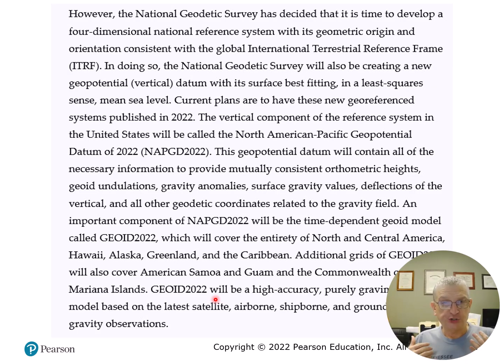And geodesists, which are way above GIS and geospatial science, geodesists are like Earth scientists of a really precise level in the world of surveying and geospatial science. And they have figured out that our position on the Earth changes with time due to the tectonic plates and due to some tilts in the continents.